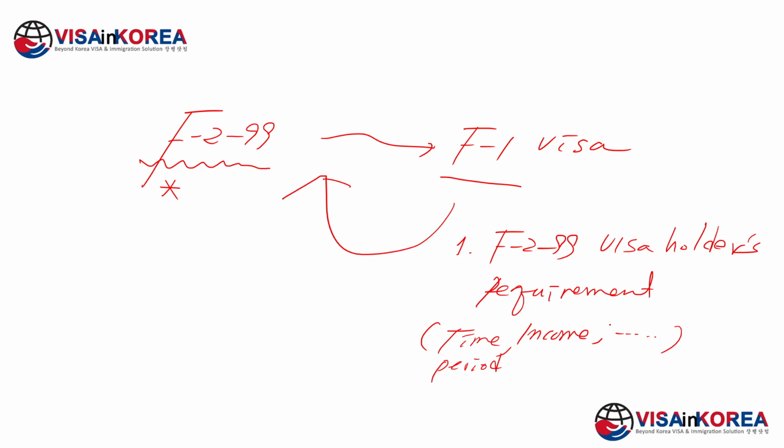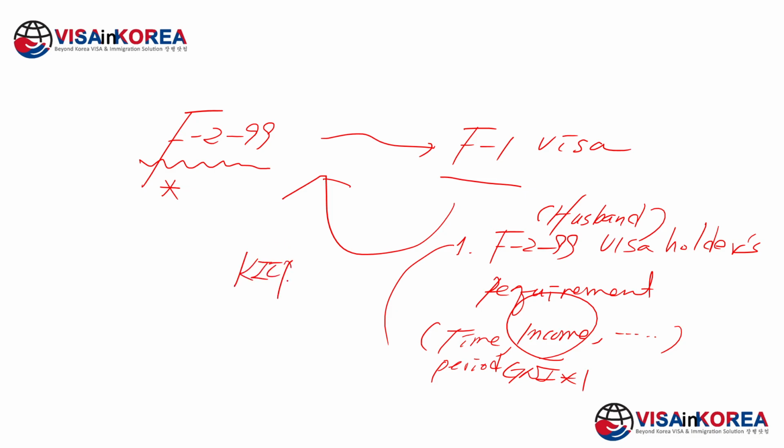For example, if your husband holds F-2-99 and meets the income requirement, for example, one times GNI, you can apply for F-2-99 if you have KIIP stage 4. This is the only thing you have to prepare.